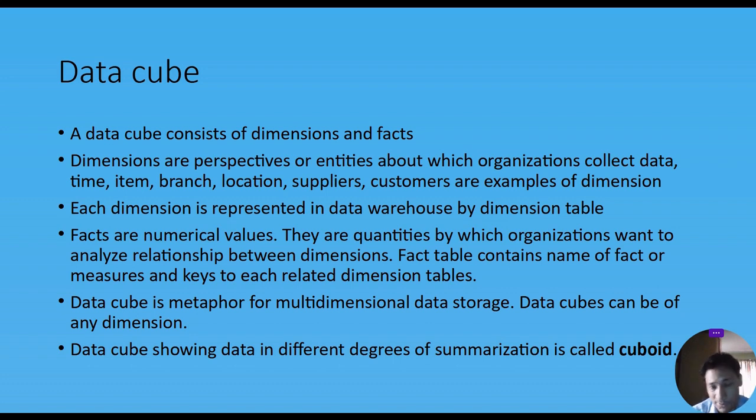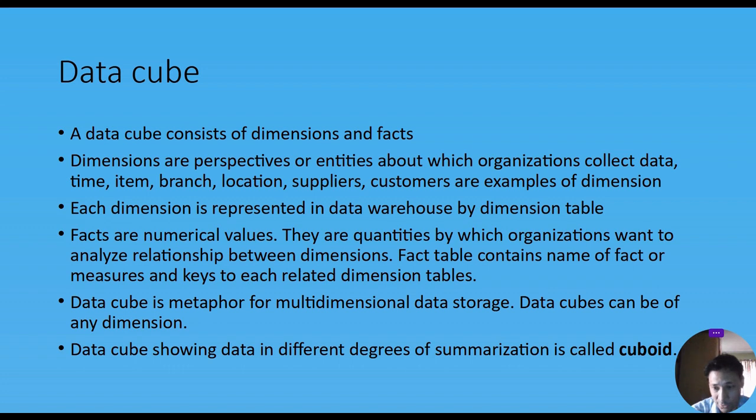For example, if the department store manager wants to know what the sales were last week in a particular area, maybe New Baneshwar, in that case the manager needs the summarized value, one single value that is summarized on the basis of time, that is the last week, and the location, Baneshwar.